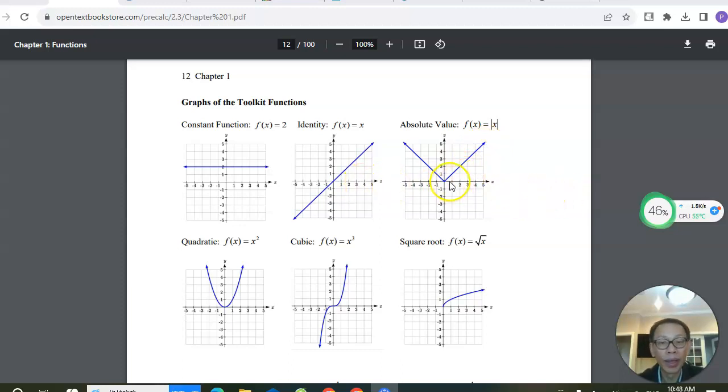However, when x is negative, it's different, because even when x is negative, y equals the absolute value of a negative, which is still positive. That means when x equals negative 1, y is positive 1. When x equals negative 2, y is positive 2.